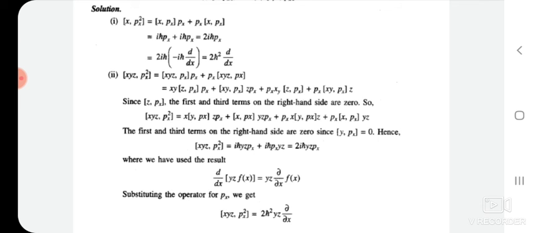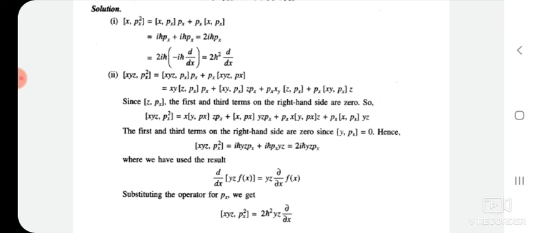the first and third terms on the right hand side are 0, because [z, px] is equal to 0.